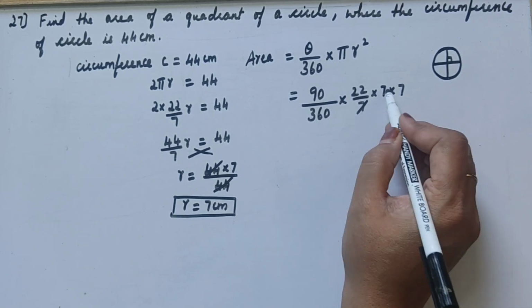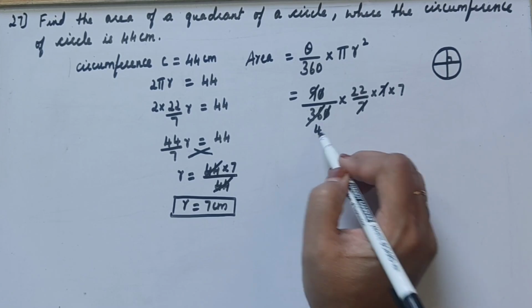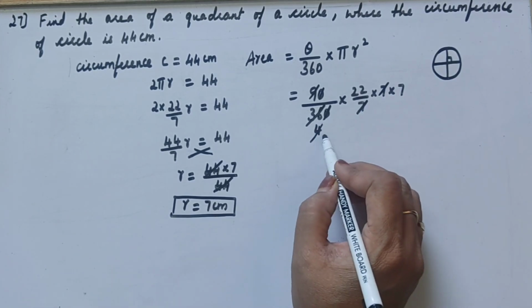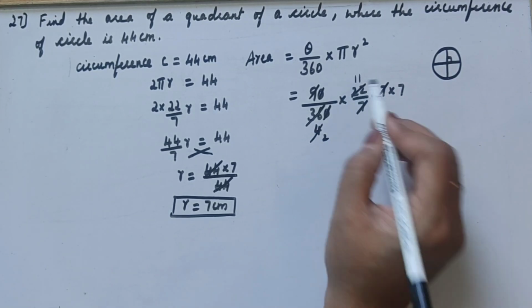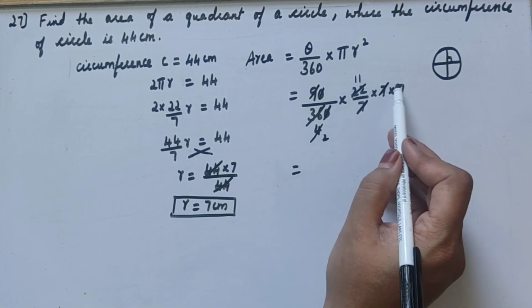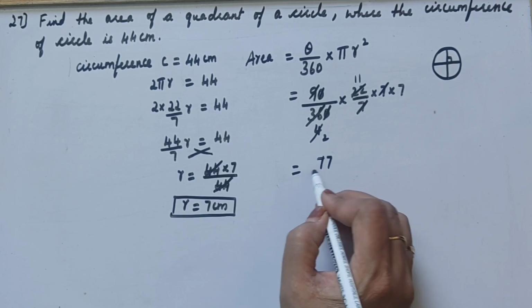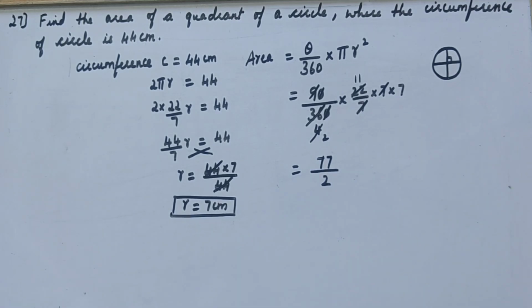Now 7 gets cancelled, 0 gets cancelled, 9 1s are 9, 9 4s are 36. Now 2 2s are 4, 2 11s are 22. As you can see, numerator has got 11 and 7. So 11 7s are 77 upon 2.